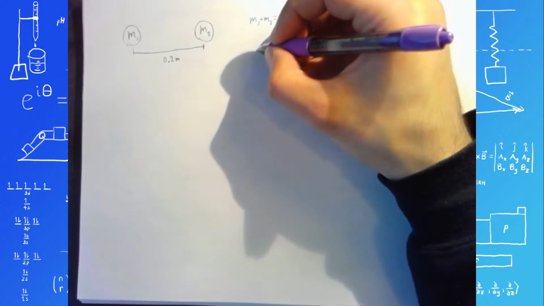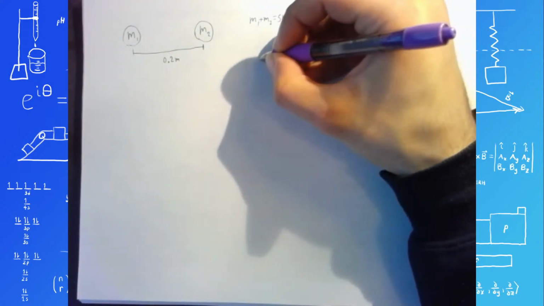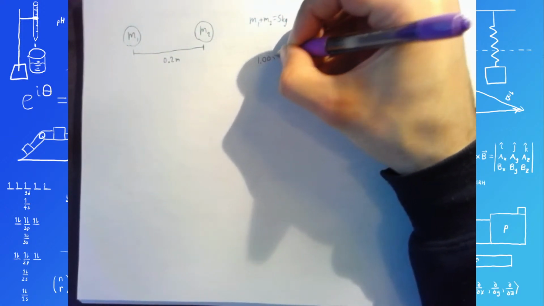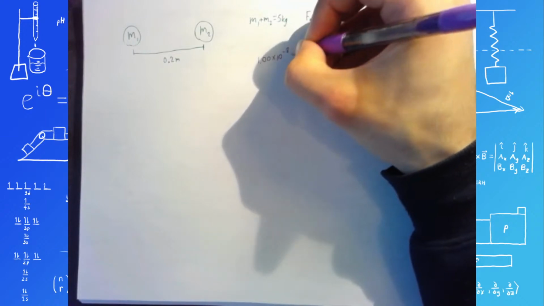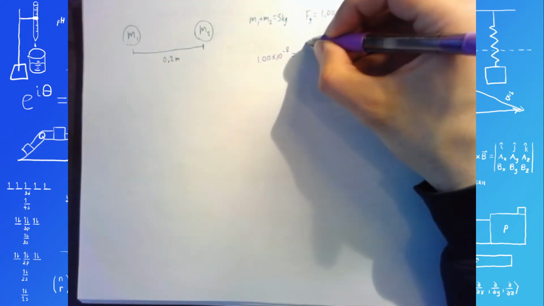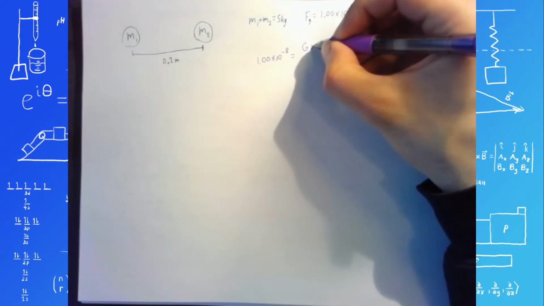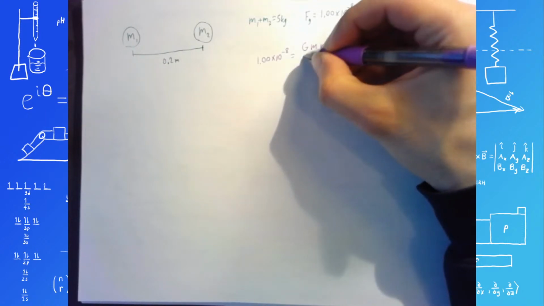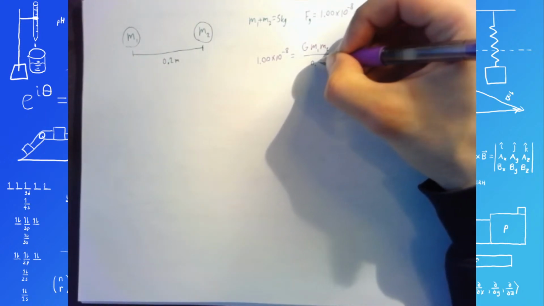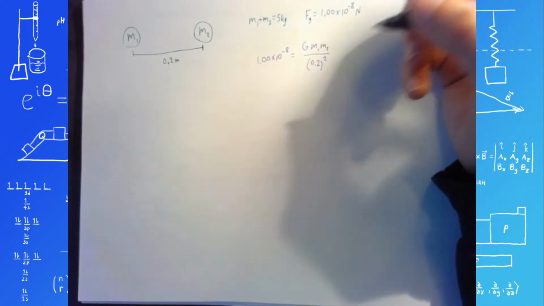So we can do force of gravity 1.00 times 10 to the negative 8 is equal to big G times M1 times M2 divided by 0.2 squared.